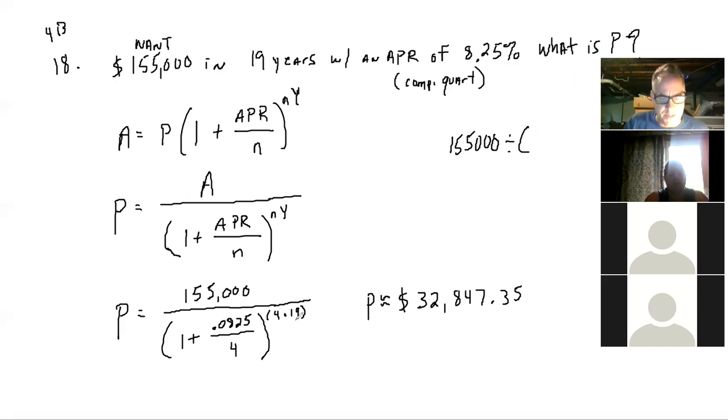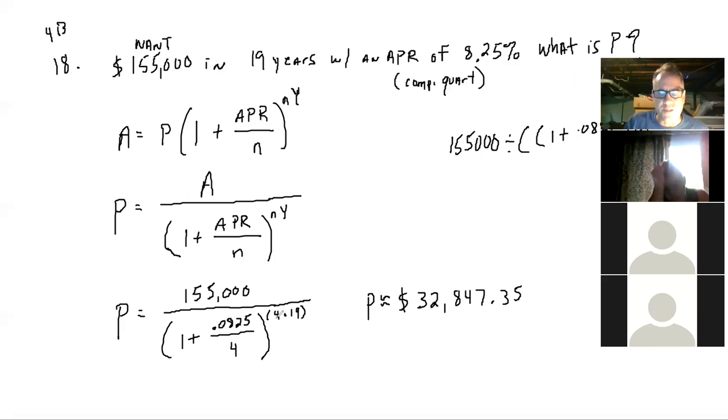Now I've got this first term, which is in parentheses. That's where you saw that second parenthesis. Then I typed 1 plus 0.0825, then hit divide by 4. Then I close the parenthesis and hit the exponent button, the caret symbol.